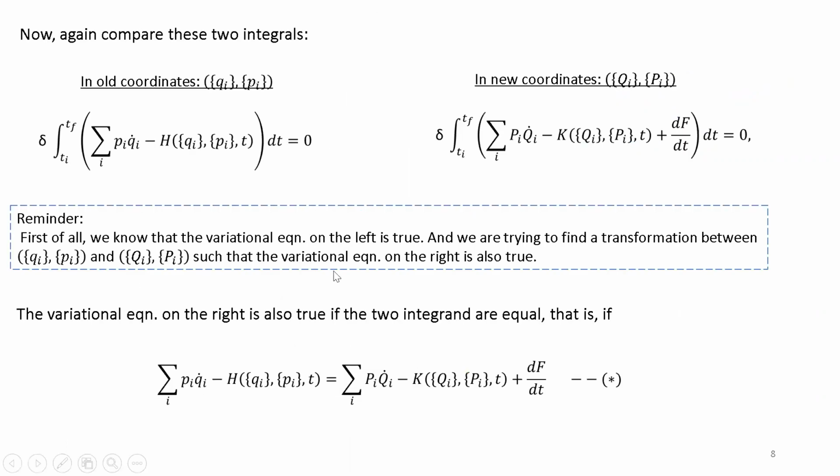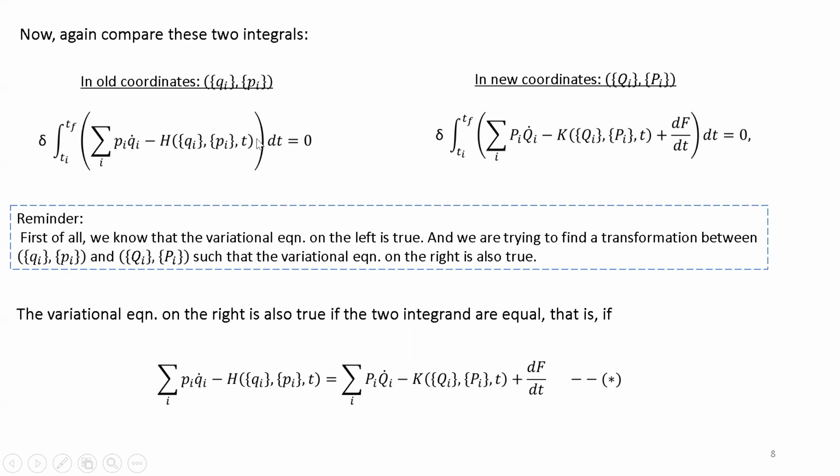Now we have in the old coordinates this is what we have, and in the new coordinates this is what we have. So what is our goal? Remember, our goal ultimately is to find a relation between the old coordinates and the new coordinates. So we are trying to compare these two integrands here.